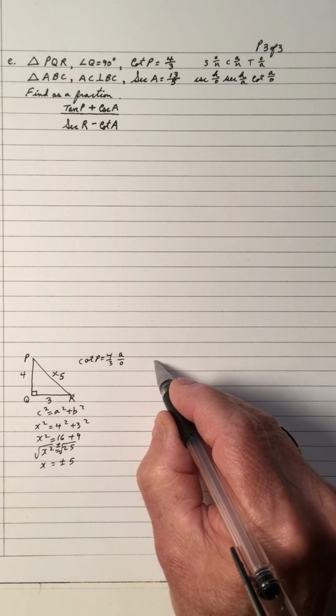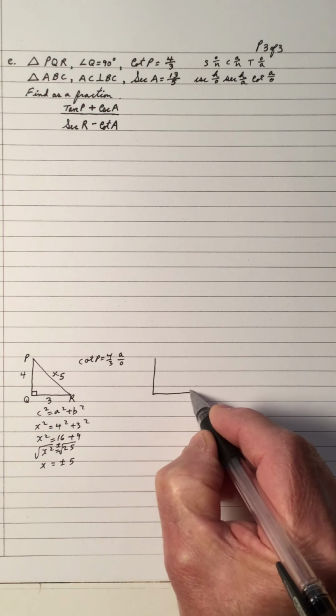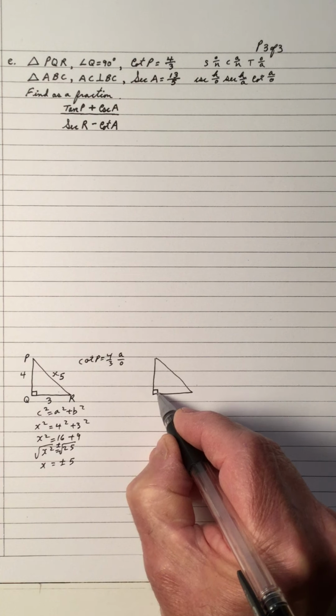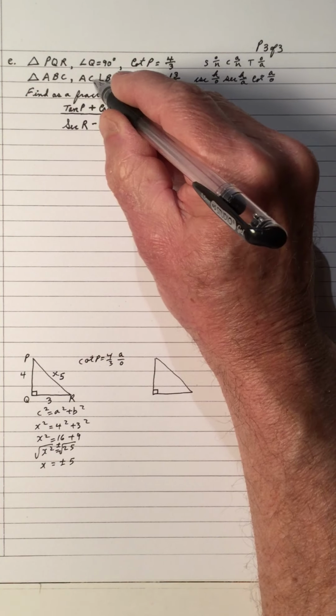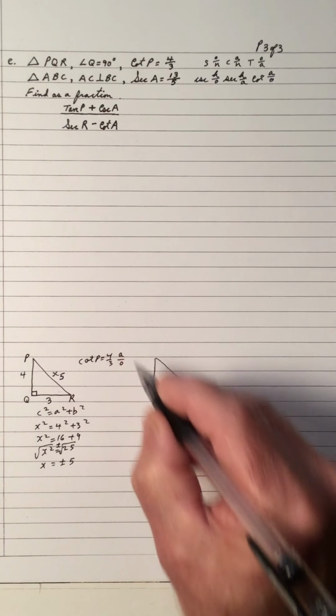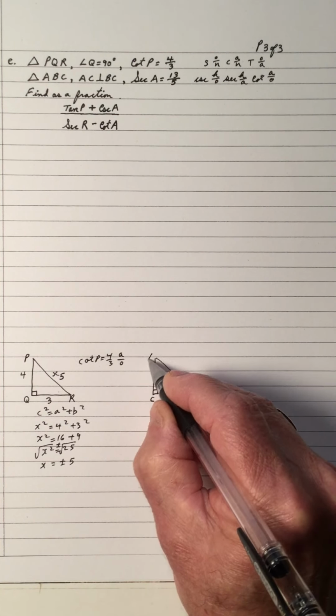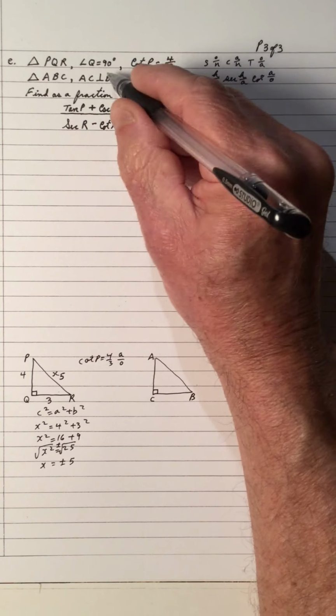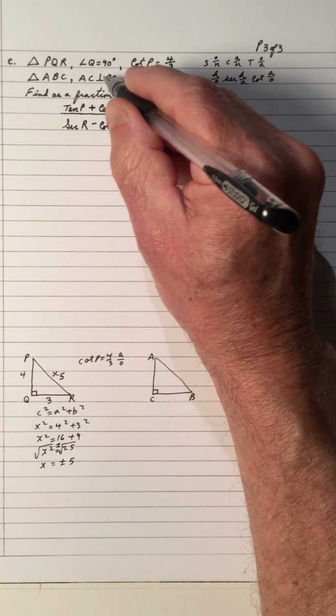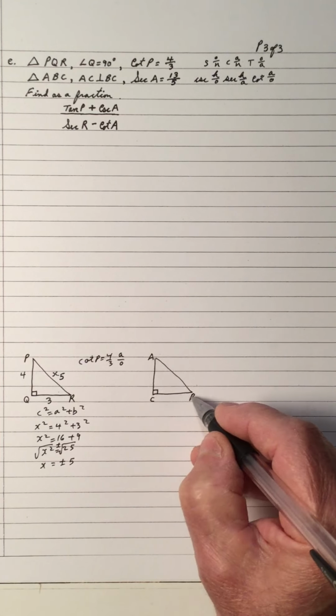Okay, we have another triangle. And this triangle, we got a right angle. We got AC is perpendicular to BC. Notice C is repeated twice. Because C is repeated twice, C must be the right angle.